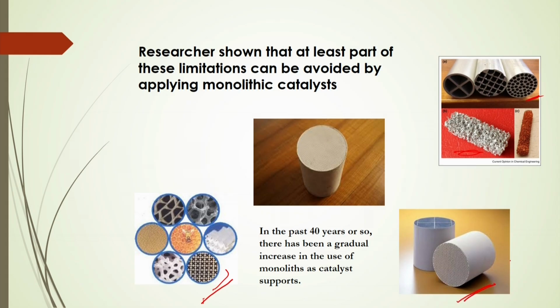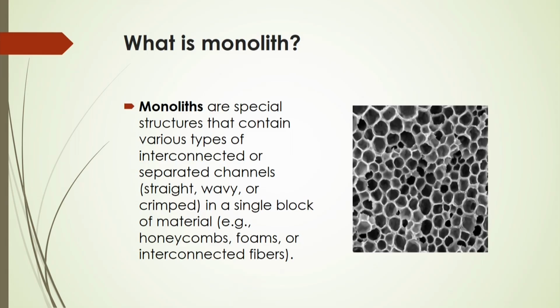This type of structure is being developed to get more surface area, less pressure drop, and even good mixing and plug flow phenomena, so that we can get process intensification for that particular chemical engineering process.